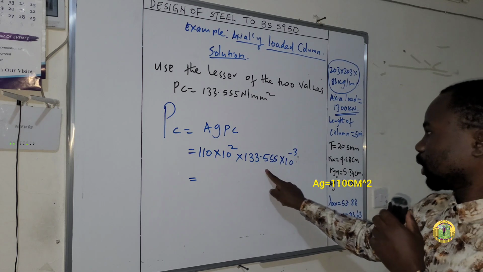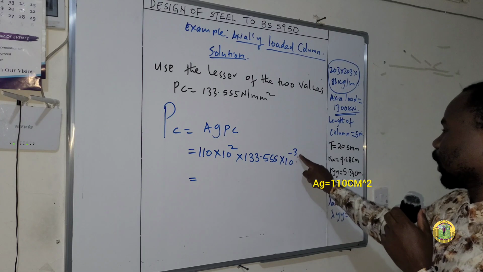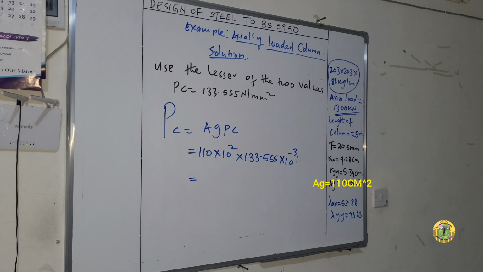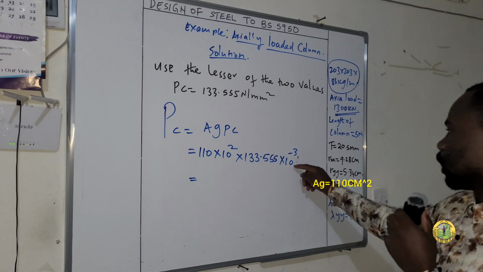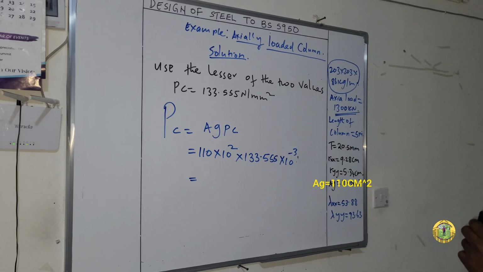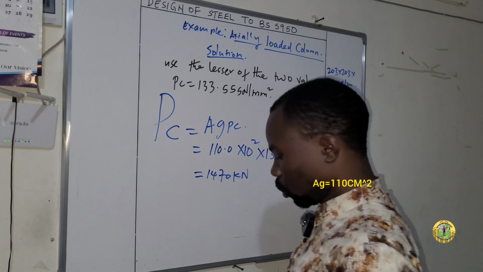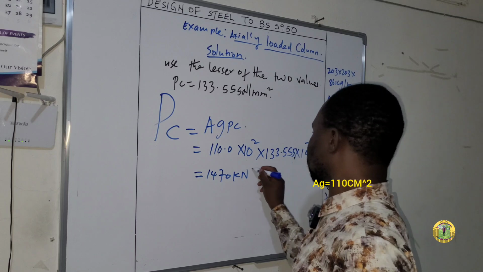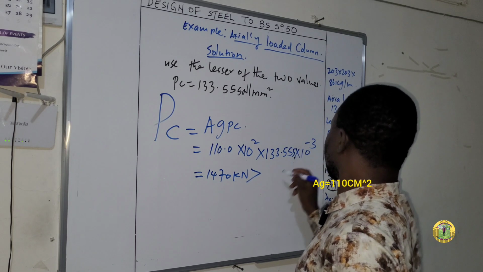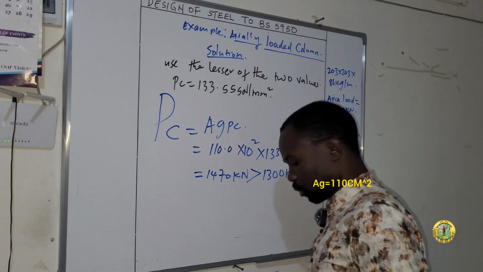Then you multiply by 133.55 times 10 raised to power negative 3, because we want our answer to be in kilo Newton. So if you multiply by 10 raised to power negative 3, you are changing the whole of this from Newton to kilo Newton. You will get 1470 kilo Newton. And this 1470 is greater than our axial load, which is 1300 kilo Newton.